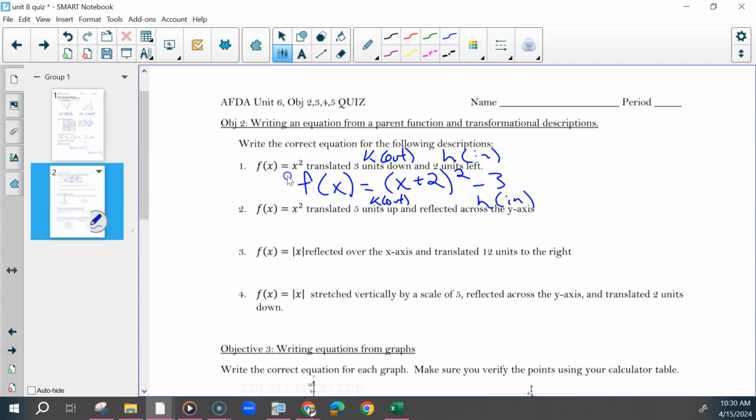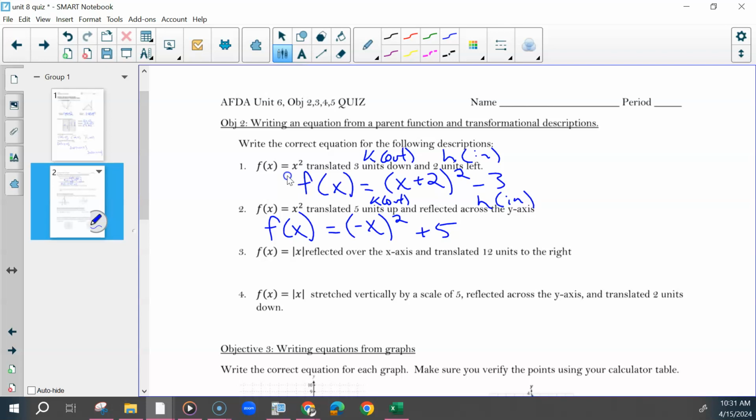So when we write this equation, f of x equals, k is further out, the h goes inside the parentheses, and it's just a negative, squared, outside, plus 5. Questions on that one? Again, worth 2 points for both transformations.